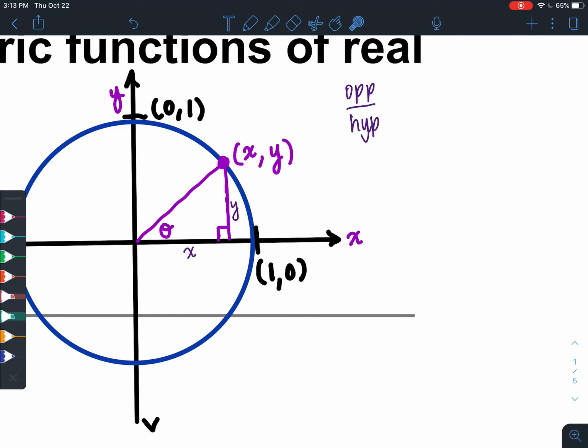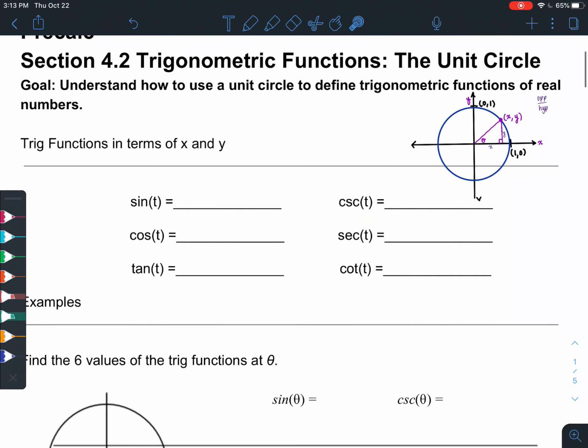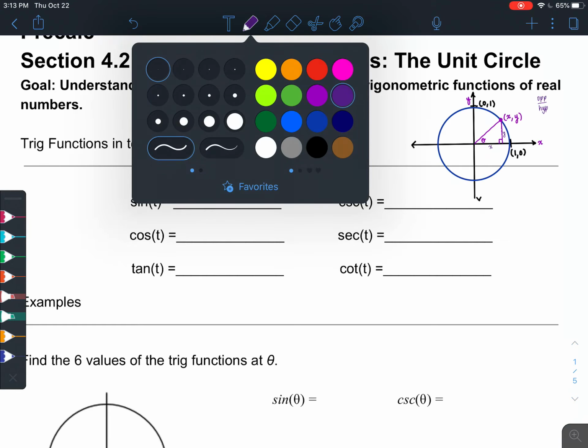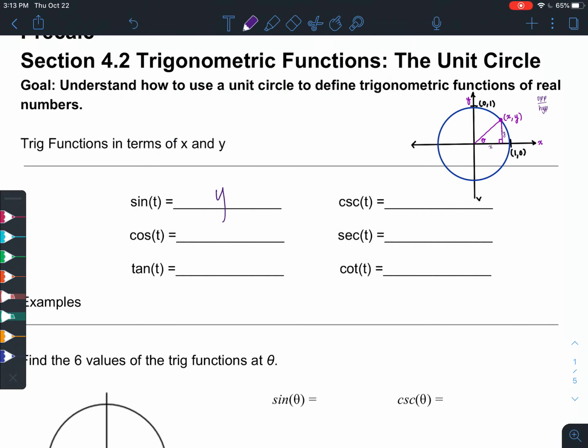And so sine is equal to y over 1, or just y. Similarly, cosine is equal to x. So this is y over 1 and this is x over 1. Then tangent is equal to y over x, which is opposite over adjacent.